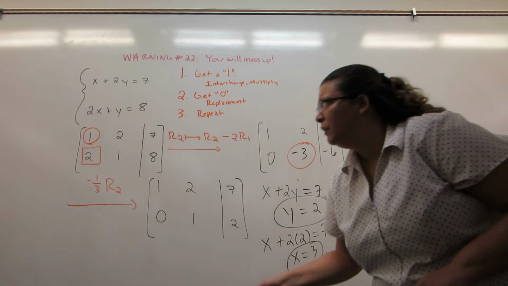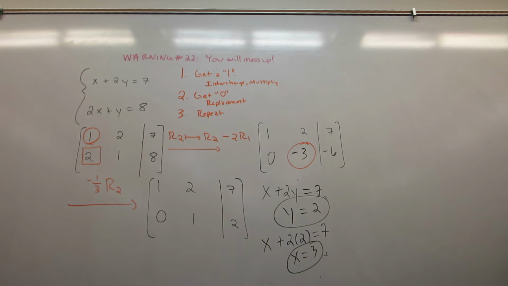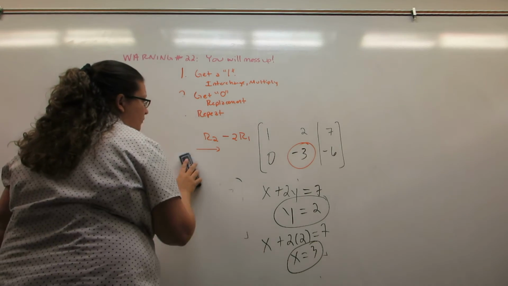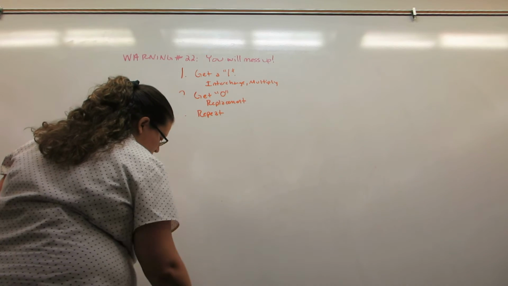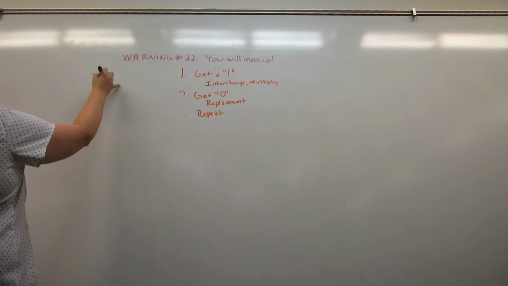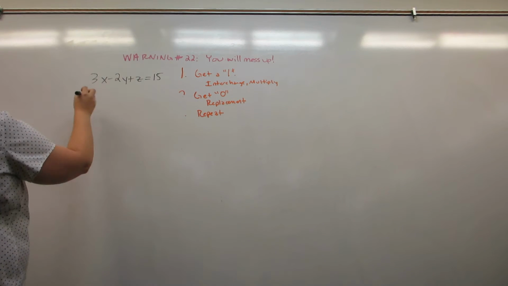Okay. Now, we only were able to do the process about once because the system was so small to start with. So now we're going to do a bigger system. Okay. 3x minus 2y plus z equals 15.